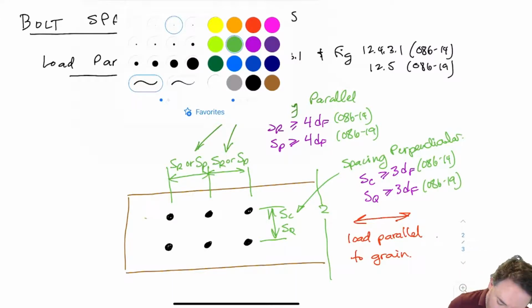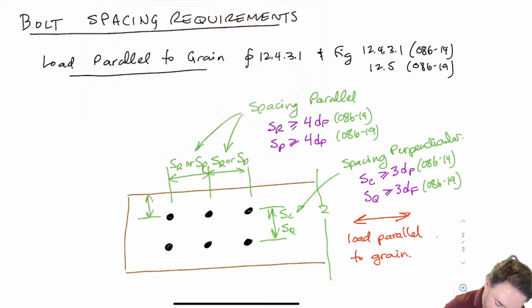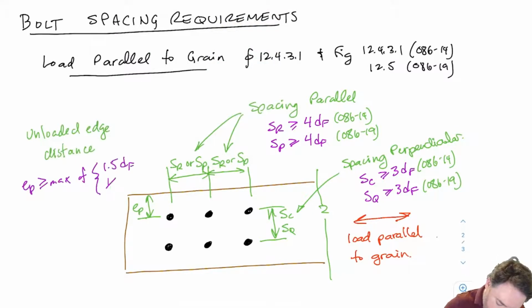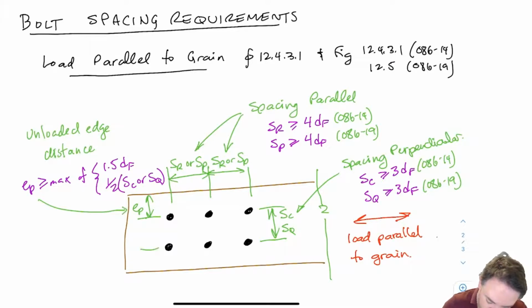Okay, then we have our edge spacing here. This is an unloaded edge distance because the bolts are not going towards either edge.